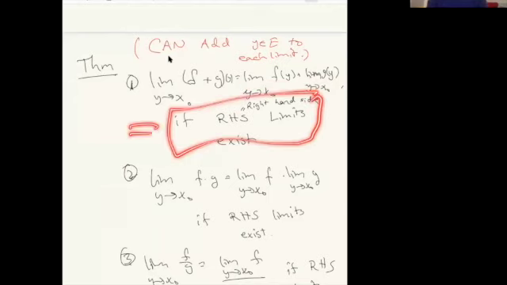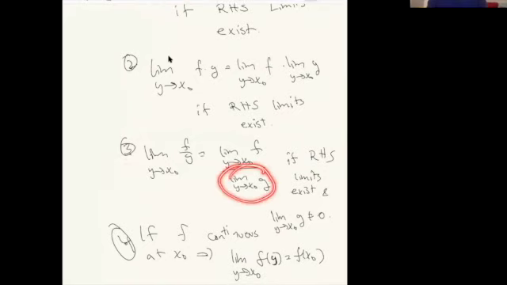This is the same issue as in 131A, and in calculus as well. Same thing for products, and ratios, but for ratios, of course, you have to worry about the right-hand side not only existing, but being defined. So the limit at the bottom cannot equal 0.